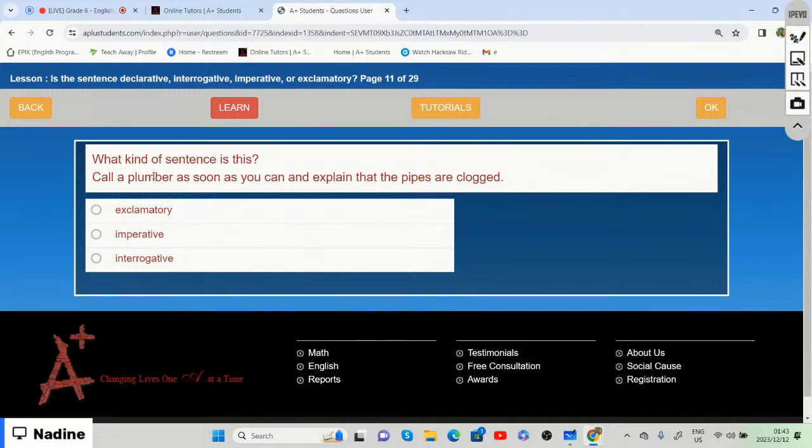Call a plumber as soon as you can and explain that the pipes are clogged. So is this an exclamatory sentence, an imperative sentence, or an interrogative sentence?